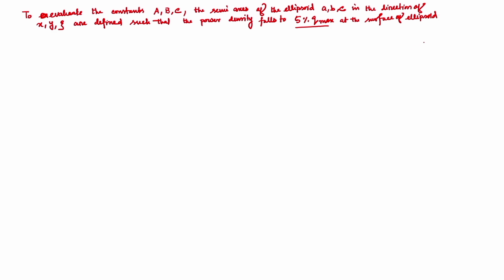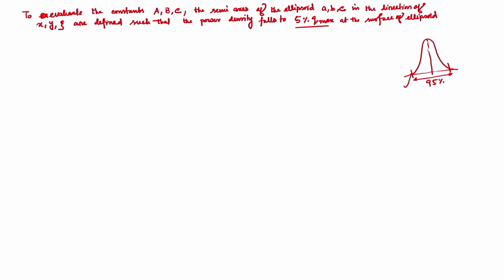That means whatever power density we are considering, we are considering up to 2 sigma position. Along the x axis, instead of considering the infinite distribution, we concentrate our power density distribution where the value goes up to around 2 sigma, which means around 95%.